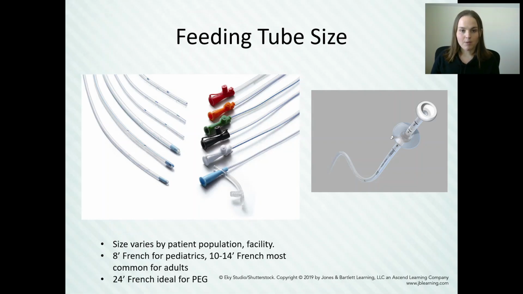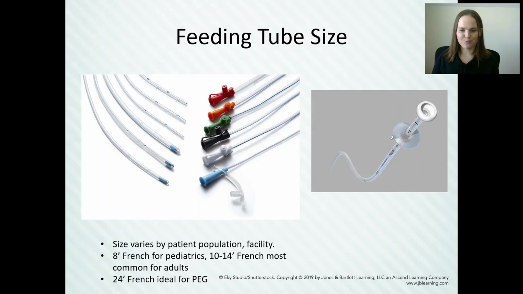One thing to keep in mind is that the smaller the tube, usually the more comfortable it is, but then you're putting formula down a smaller hole. And so the smaller the tube, the more likely it is to get clogged, especially if you're using a thicker or higher concentration formula. So a smaller tube is not always the best option.